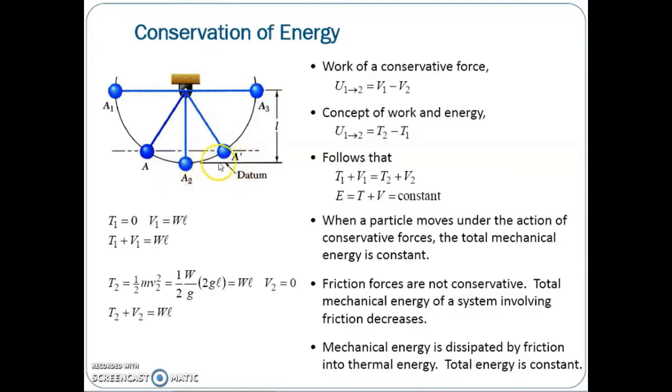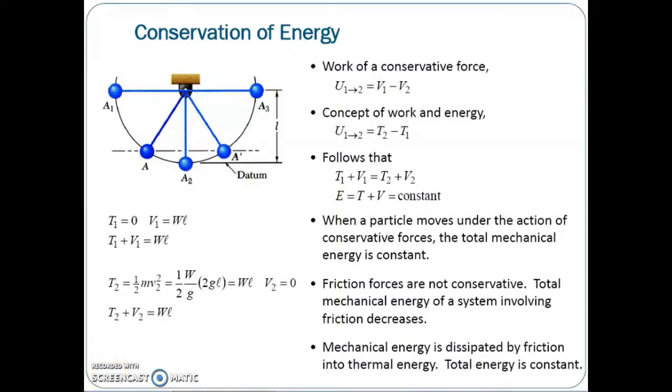So with no change in position, V2 is 0. Then our T2 plus V2 also equals WL. So it is proven that the mechanical energy, T1 plus V1 equals T2 plus V2, is constant. This is what we call the principle of conservation of energy.